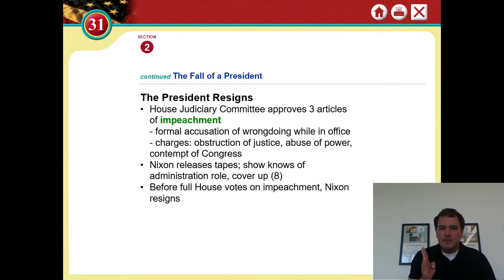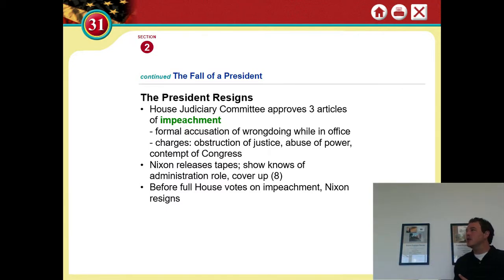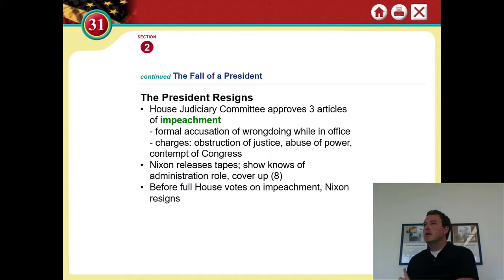But nonetheless, when he released the tapes, the rest of the information showed evidence of the administration's role in the attempt to blackmail the Democratic Party during the 72 election. And it also showed proof that the president had tried to cover this up.